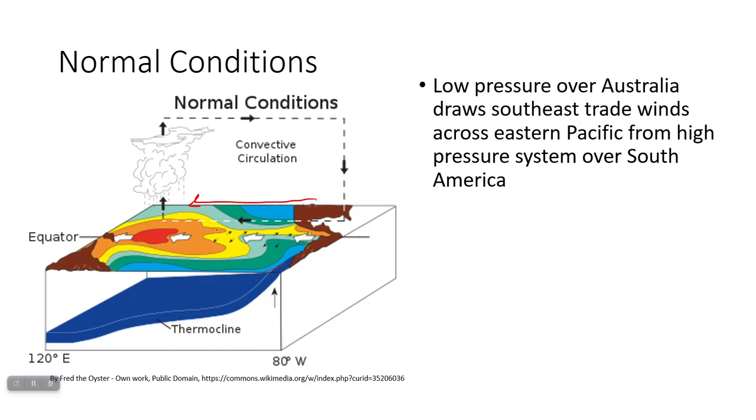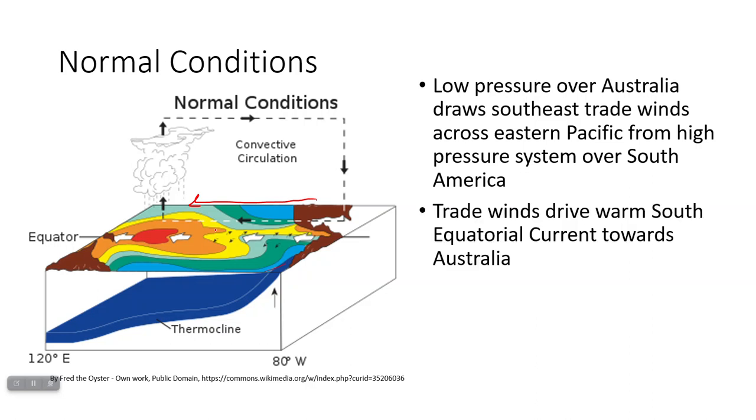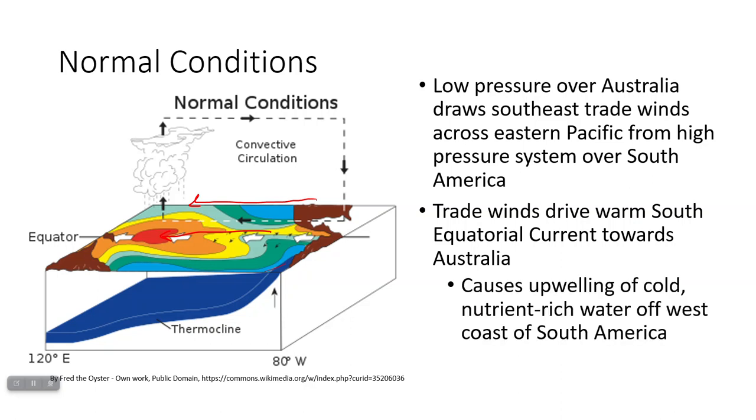So you have this western blowing wind that is going to also influence the circulation of the ocean. Those trade winds are going to push surface water in the ocean towards Australia, which creates what's called the South Equatorial Current. Now, that causes an upwelling of cold water off the coast of South America.